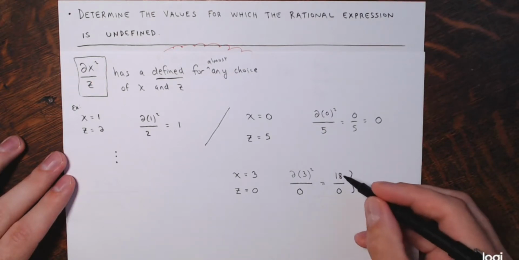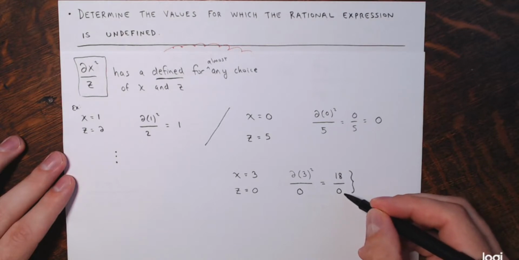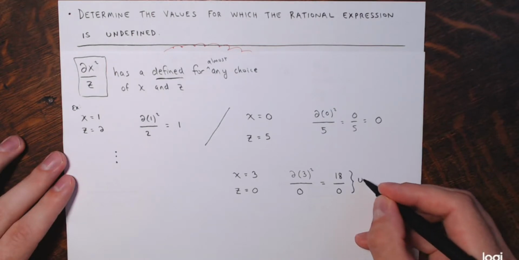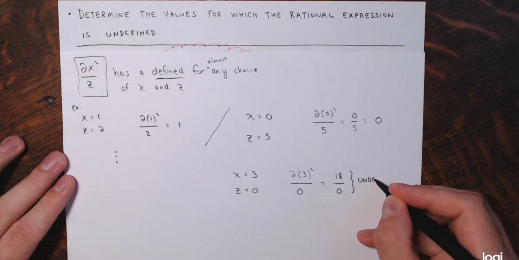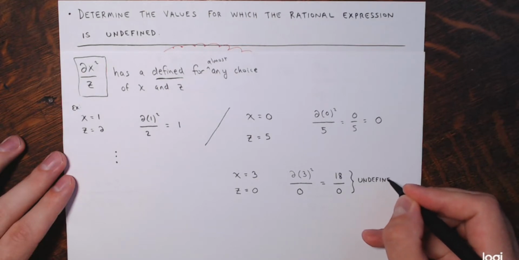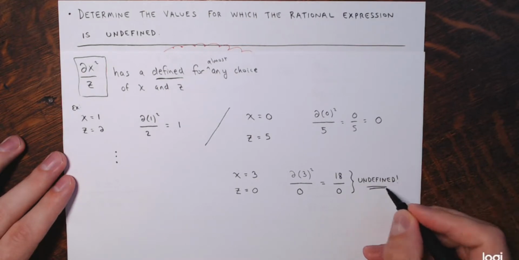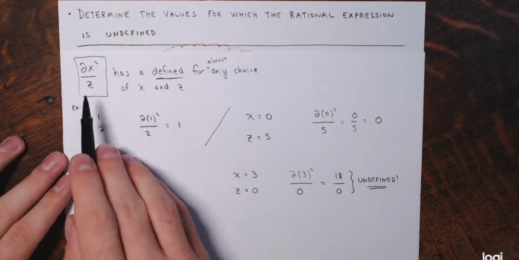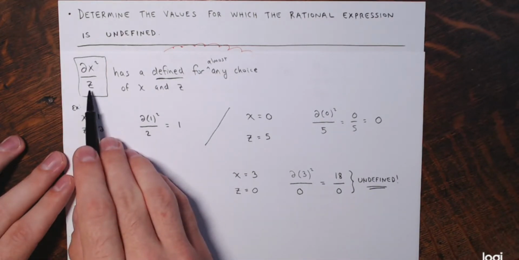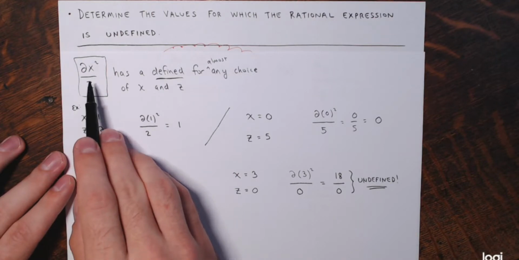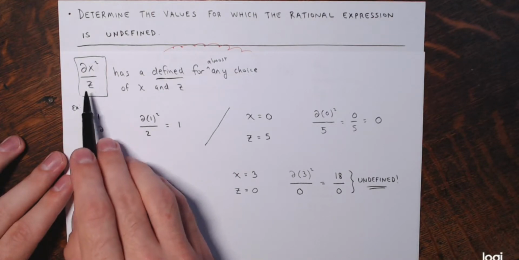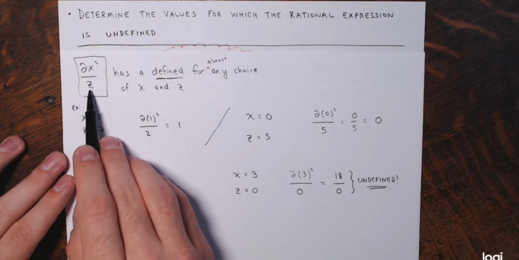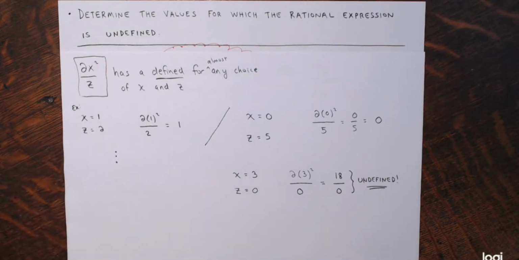You can't divide by 0. You can't have 0 in any denominator of a fraction. So this is undefined, and I'm hoping you can see that the value of this expression would be undefined whenever we choose z to be 0. X can be anything I want, but this is going to be undefined whenever I choose z to be 0.